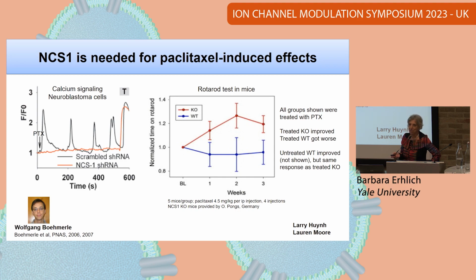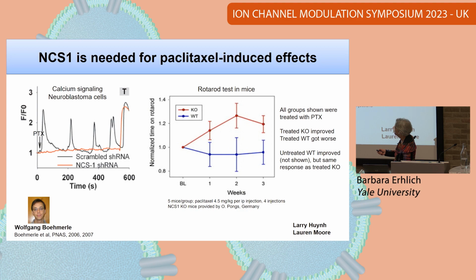We think that the side effect is initiated by the interaction between paclitaxel and NCS1. We've shown that NCS1 binds paclitaxel by phage display, by NMR, by tryptophan fluorescence. So what happens is if you add paclitaxel here, you get these calcium oscillations, the black curve.